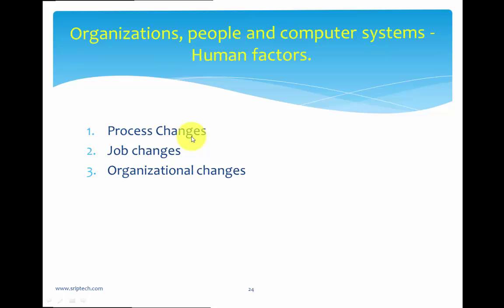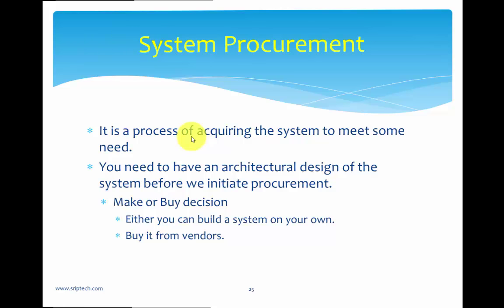And there could be an organizational change as well. The organizational change could be how exactly the organization is affected overall after the implementation of the new system. So human factors, organizations, people, they all play an important role on the systems which have been implemented.